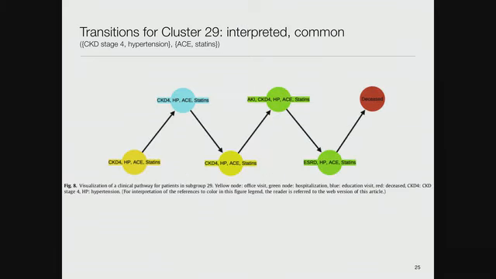But they then, by hand, abstract it and say, well, let's look at an interpretation of this. And so if they look in typical patterns that they see in that cluster, they say, we see an office visit in which the patient is on these medications and has these procedures.